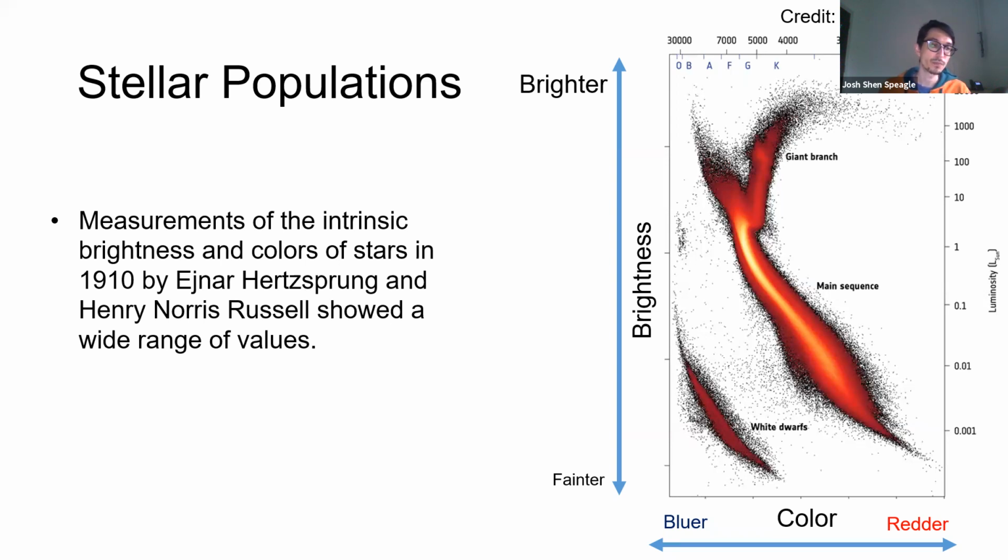If a star is brighter, then it tends to be bluer. If a star is fainter, it tends to be redder. And we understand this is now due to the fact that brightness correlates with the star's mass and temperature. The stars that are brighter are more massive, more luminous, and also hotter, and therefore bluer. And stars that are fainter tend to be lower mass, smaller, redder, and fainter.